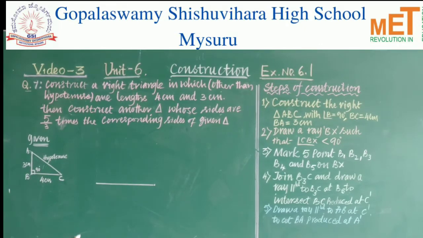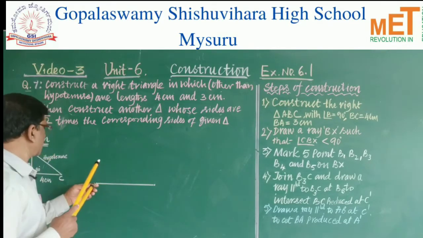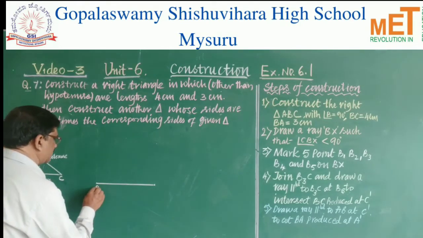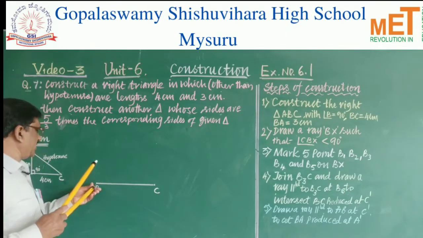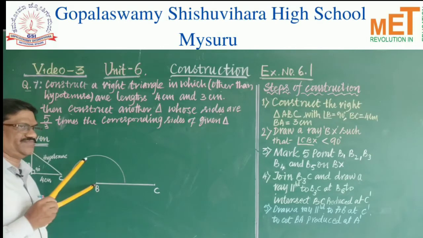You know that with a convenient radius in the compasses. Name it as B here. The one point is B, another point is C. With B as a center, draw a semicircle.